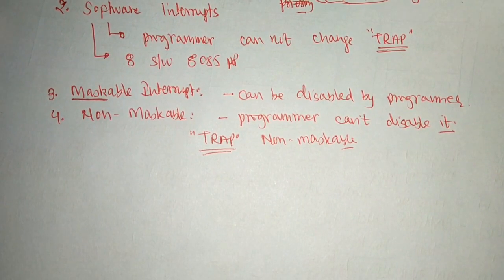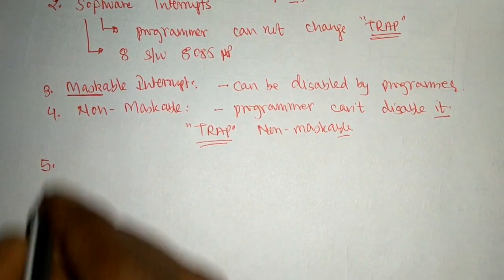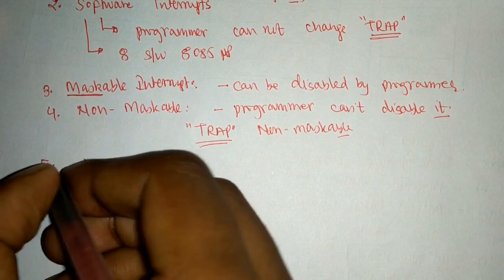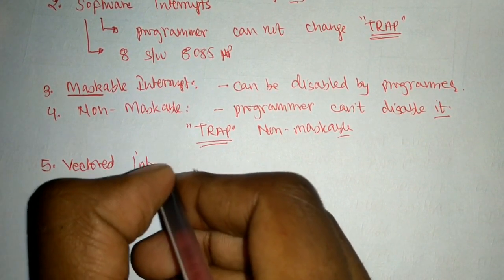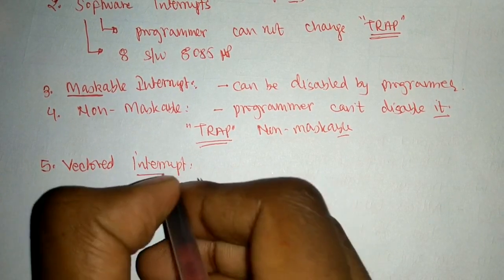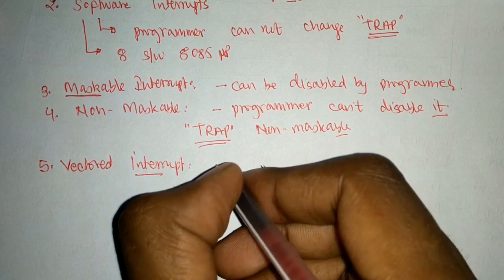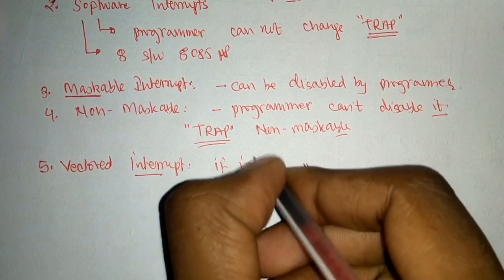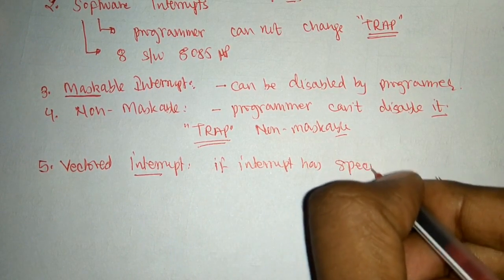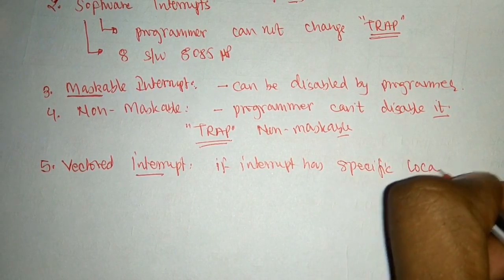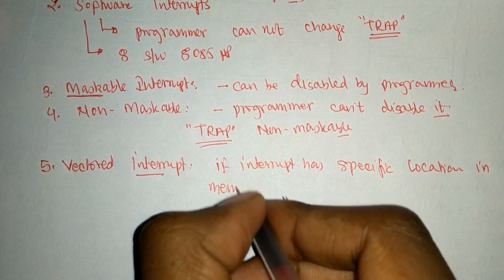There is one more category. We can classify them again as vectored interrupts. Vectored means vector, just like our normal mathematical vectors. If the interrupt has a specific location in memory, it is called a vectored interrupt.